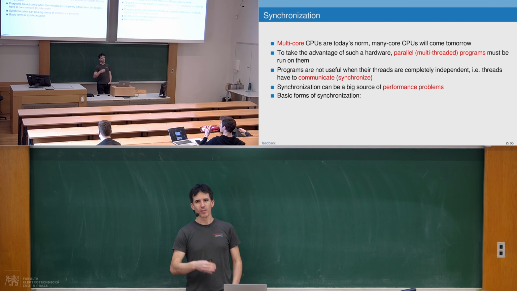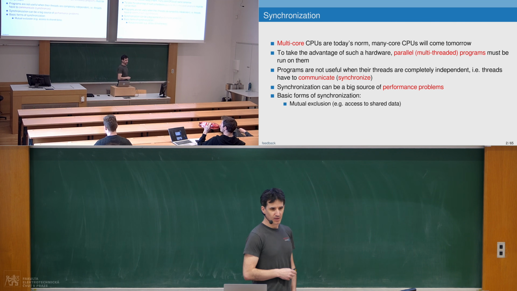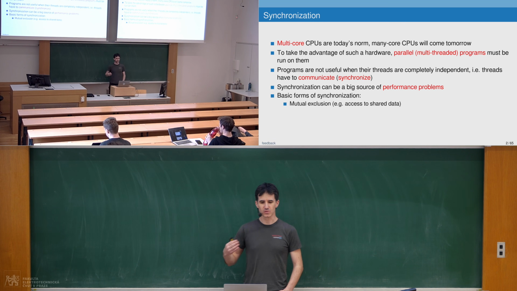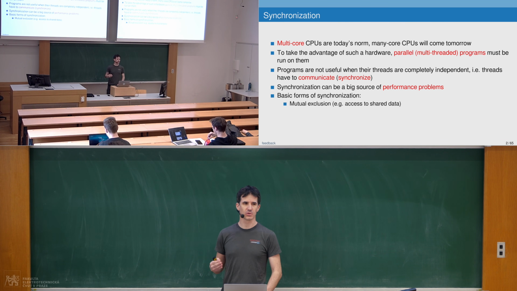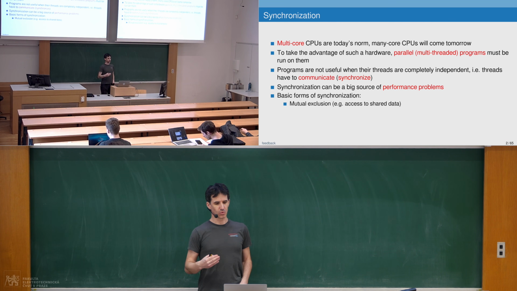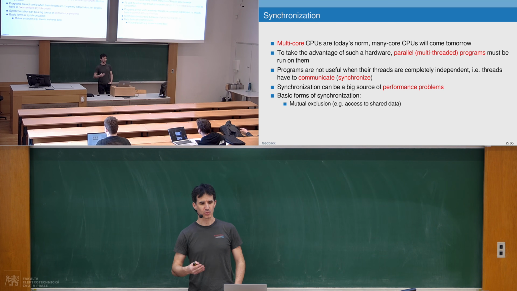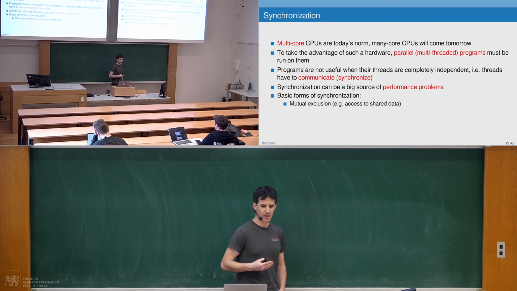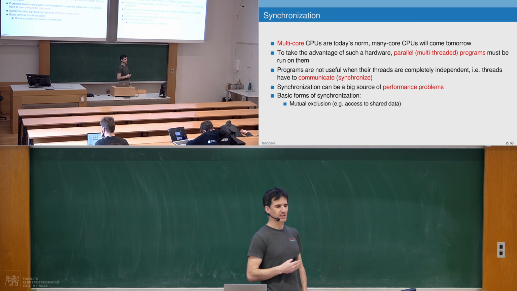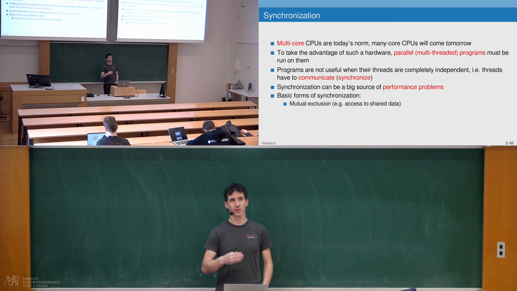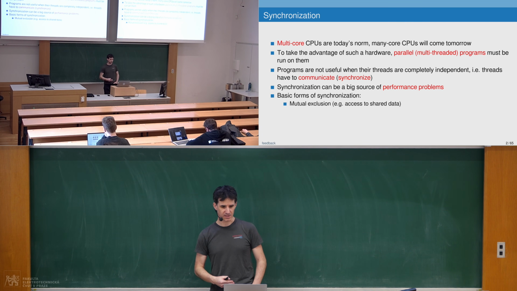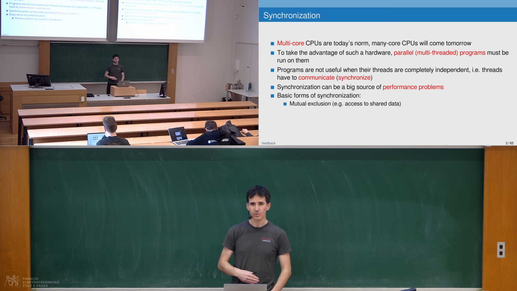You probably also know some basic forms of synchronization. Perhaps the most well-known and most used form is mutual exclusion, which basically means that you use a mutex to protect some shared data structure. Whenever you want to access that shared data structure, you lock the mutex, access the data structure, and then unlock the mutex.